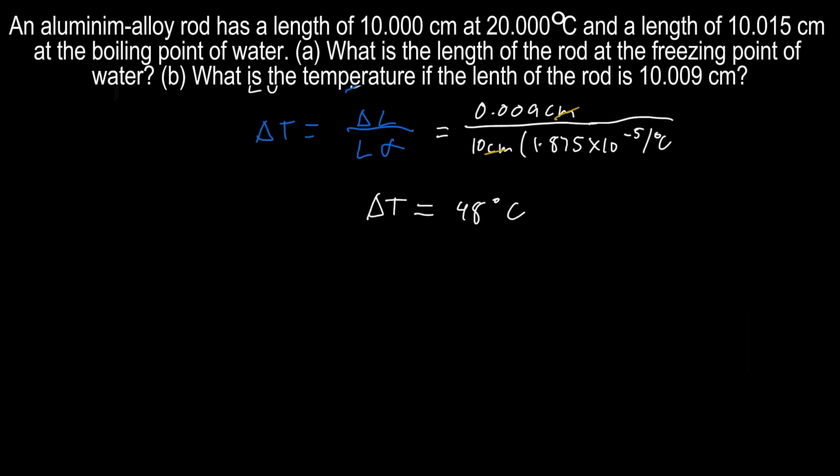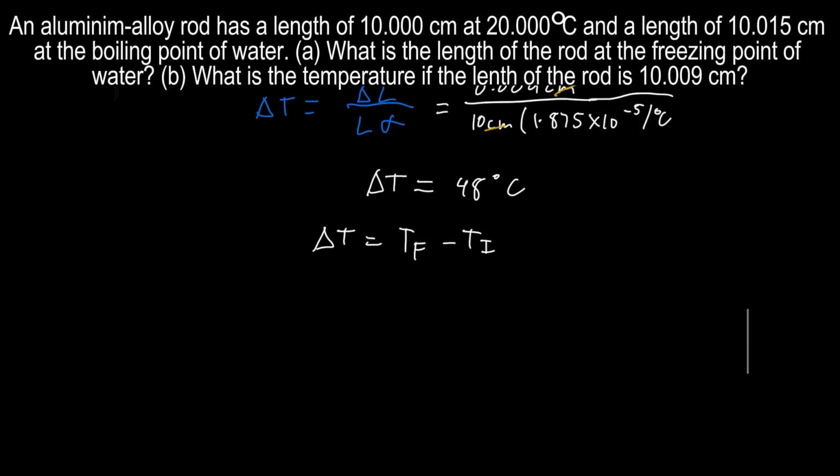That is not yet the final answer, since we're looking for the temperature. Here is the change in temperature. The formula for change in temperature is equal to the final temperature minus the initial temperature.